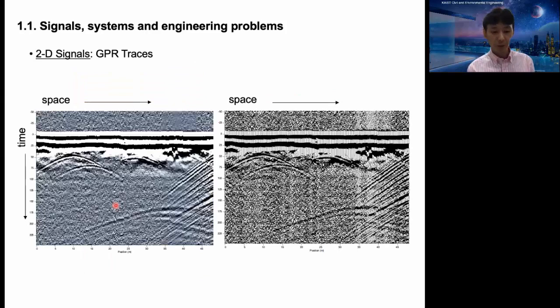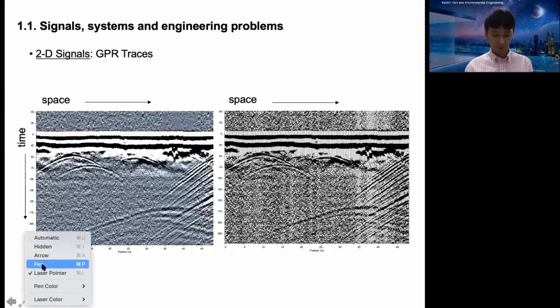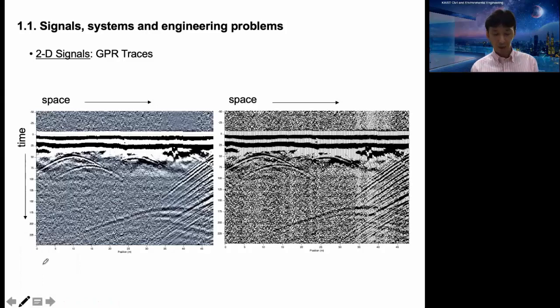And what about the 2D signal? A 2D signal will be one with variation along one axis, right?